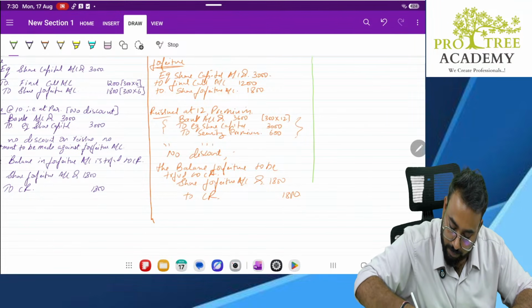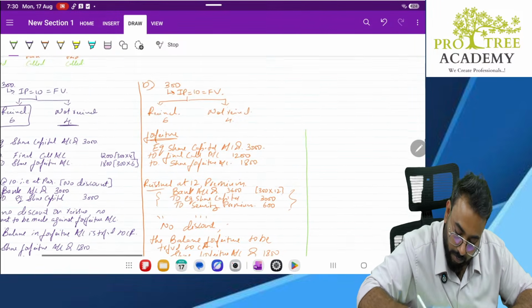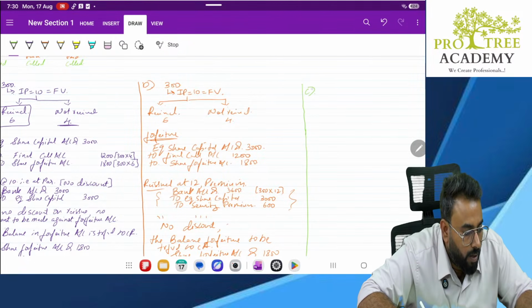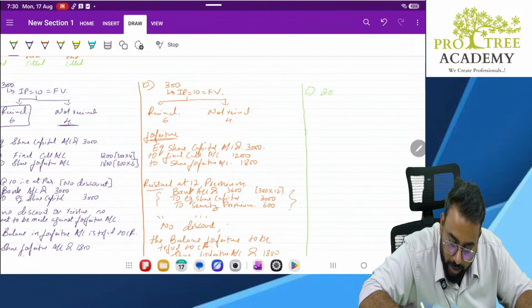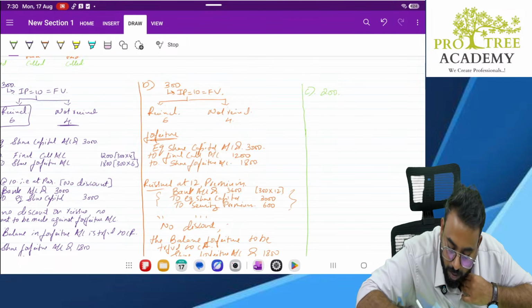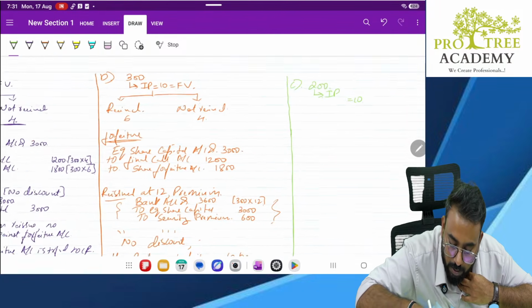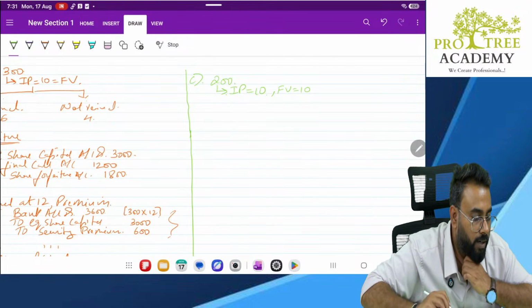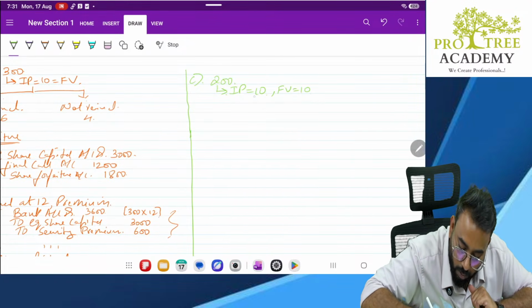Next, C. Forfeited 200 shares of 10 each, 8 per share being called up, on which the shareholder paid application and allotment money of 5 but did not pay the first call of 3 on forfeited shares. So here 200 is the number of shares, issue price is 10, face value is 10.